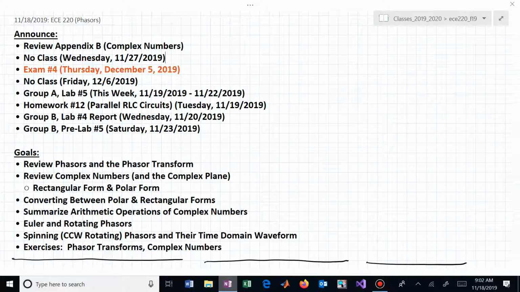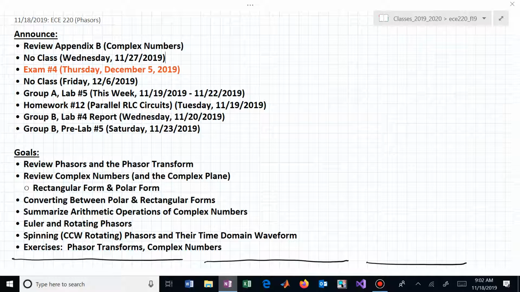We also represented those with these complex quantities called phasors, and today we're going to focus more on that topic, which is phasors and complex numbers, converting back and forth between rectangular and polar, looking at what we have to do with complex numbers versus normal numbers in terms of the different operations: addition, summation, or subtraction, multiplication, division, etc. Then we'll talk about Euler, rotating phasors.